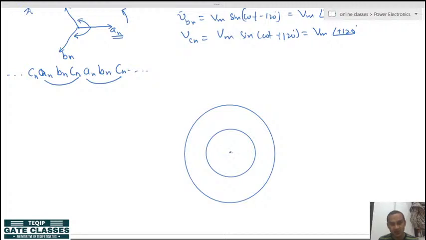I am first making the phase voltages. So this is my A phase, this is my B phase, and this is my C phase. No problem with this.